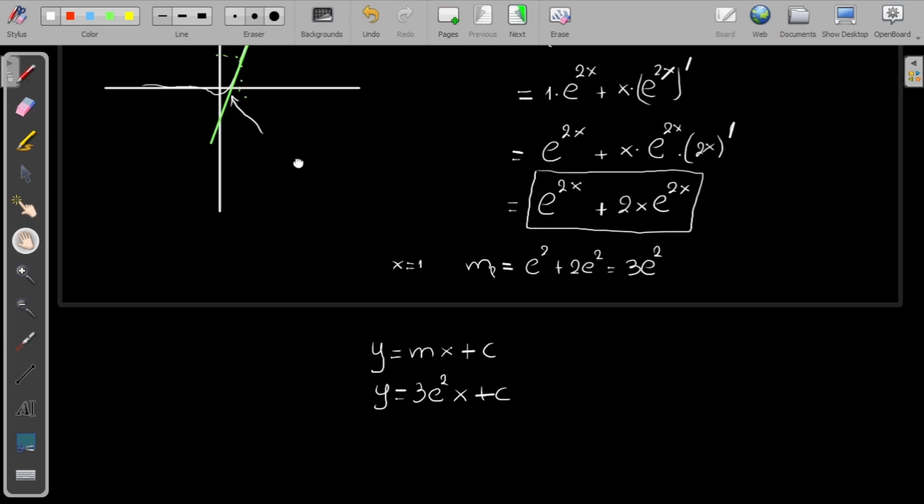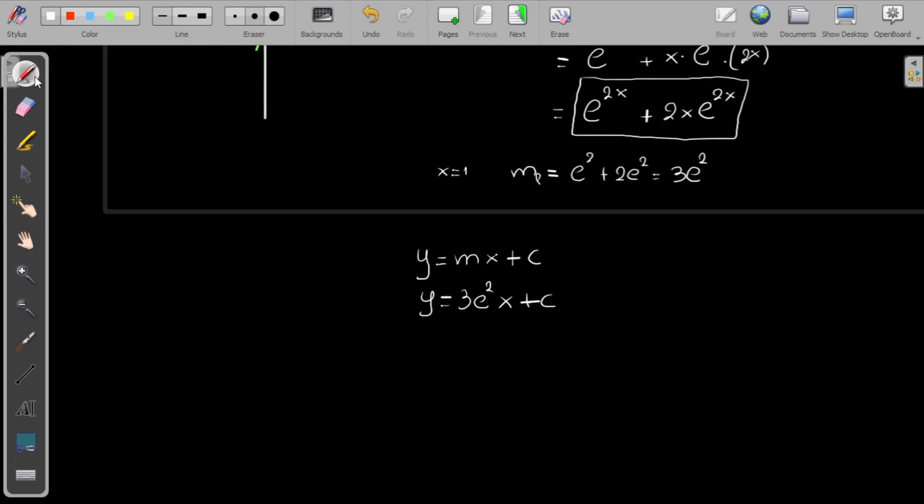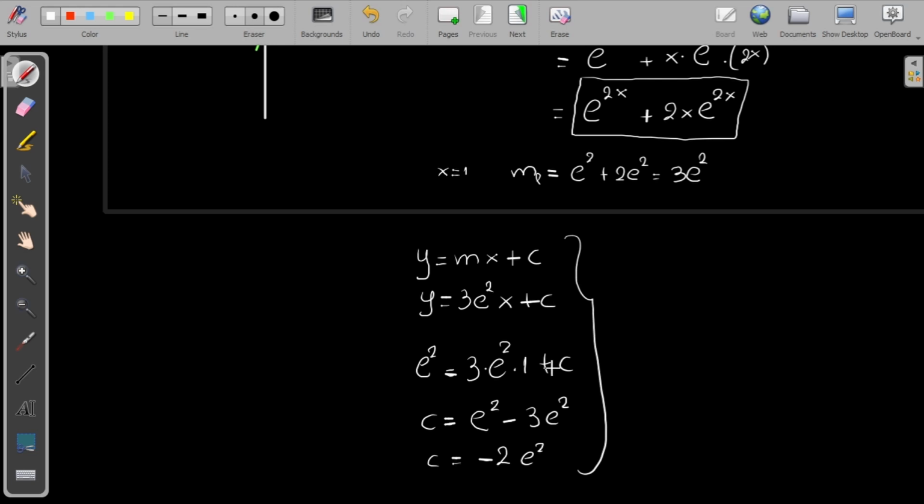So to find c, I substitute x equals 1 and y equals e squared: e squared equals 3 times e squared times 1 plus c. So c is e squared minus 3e squared, so c is minus 2e squared. Now since I found my c, I can put it in.